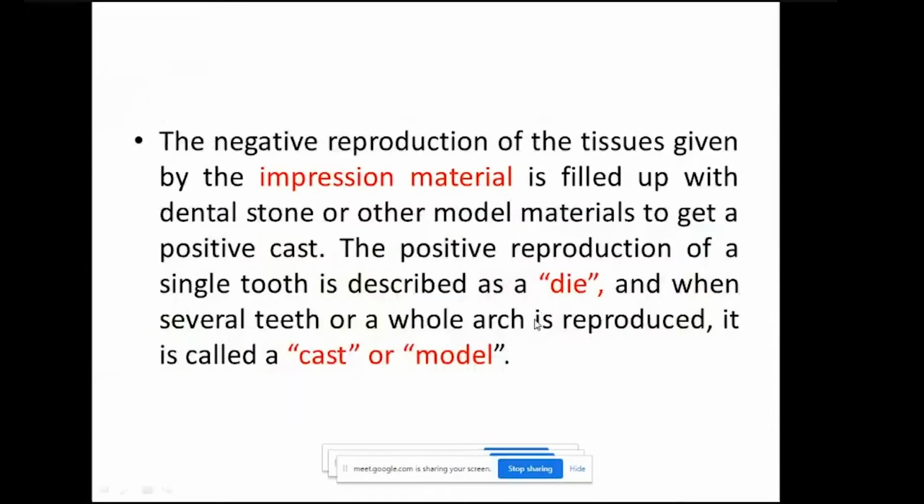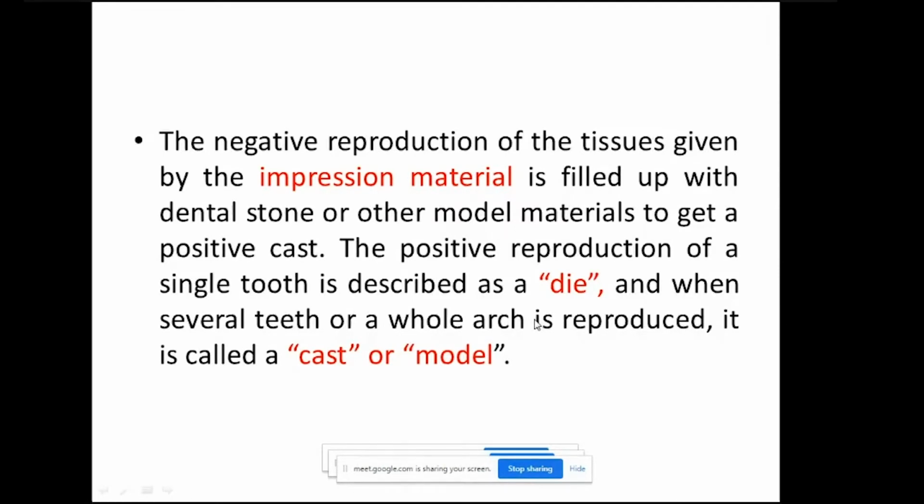Okay, when you replace single tooth, you can take impression for single tooth. For this type of impression, we need a special type of the cast. We call it die cast.